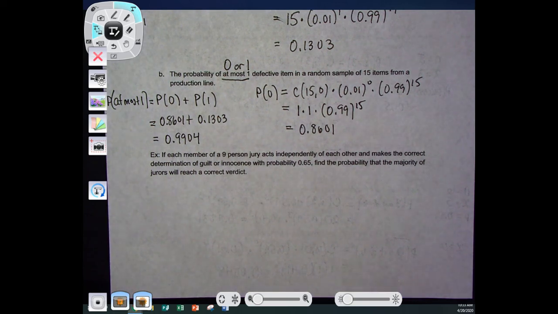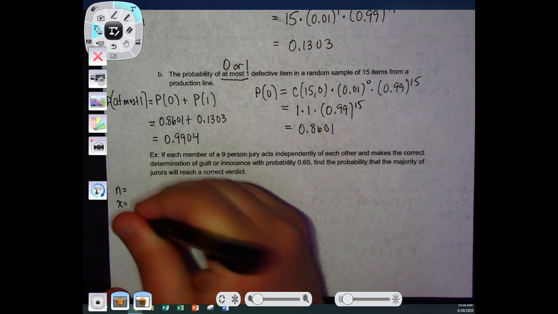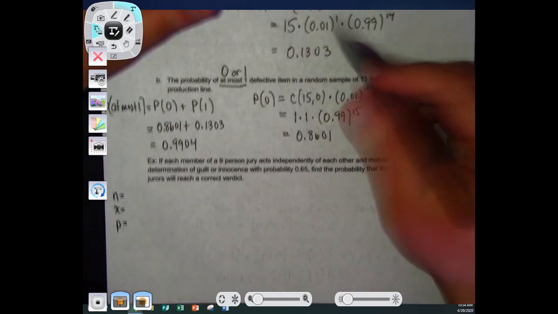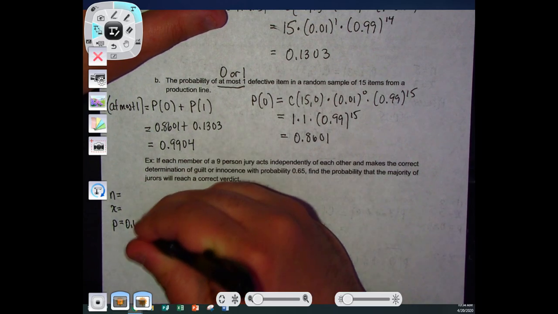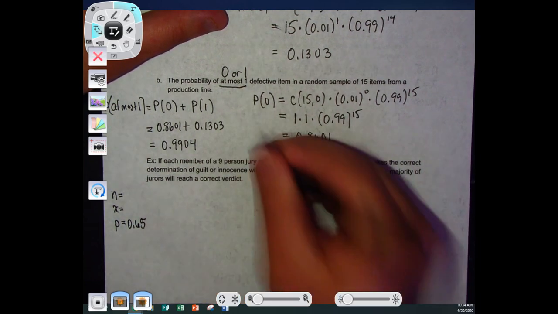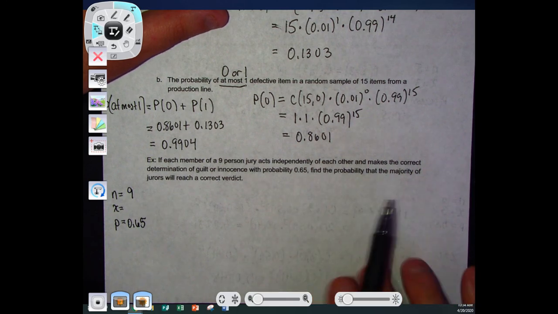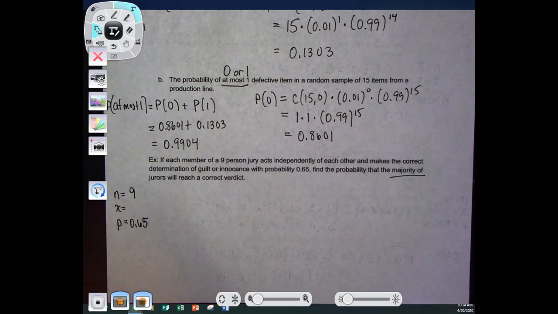Okay. So we need to know our N, we need to know our X, and we need to know our P. Well, we already know our P, that's 0.65. We know our N, that's 9. X, on the other hand, well, notice because it says a majority, so more than half.